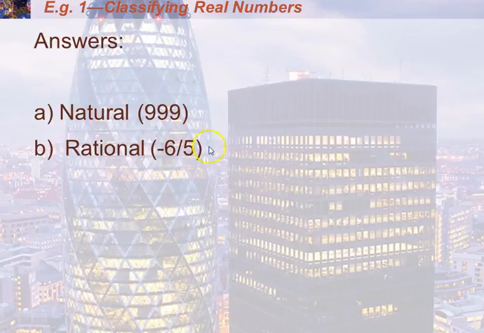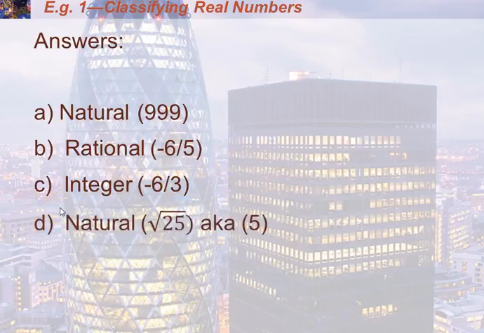It doesn't have 0 on the bottom, so it's rational. This is an integer because -6 divided by 3 would be -2. Yes, it is rational, but that's not the most specific way to describe it. You could go one step further, actually do the division, and that would be -2. So that's an integer.